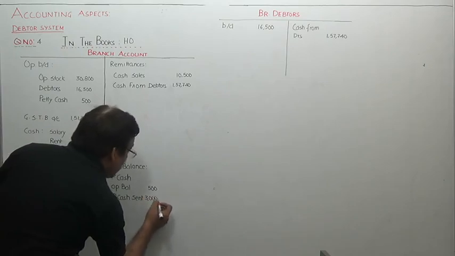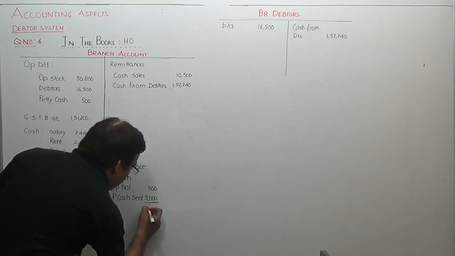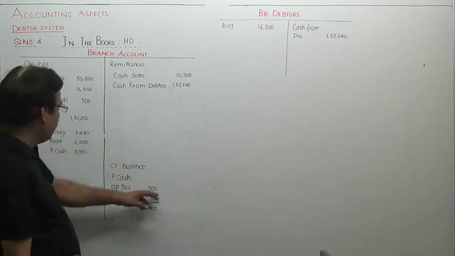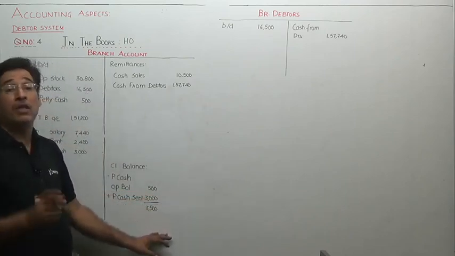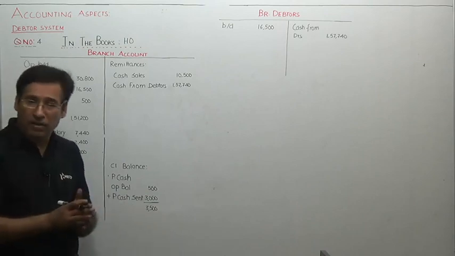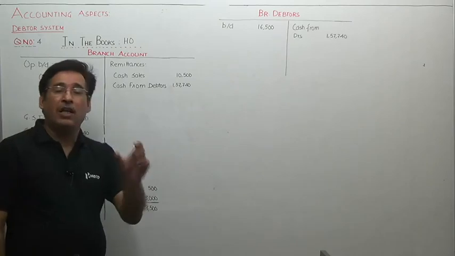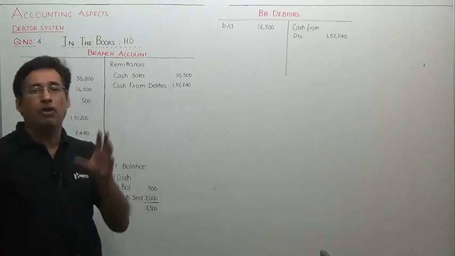So it means now total petty cash available with the branch manager is 3,500. Isn't it? Is it clear? Now it is given to you petty expenses of the branch manager.